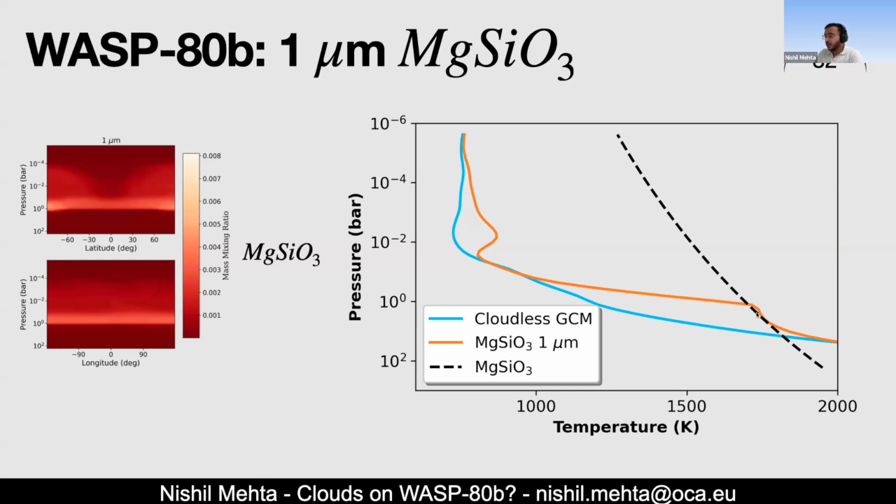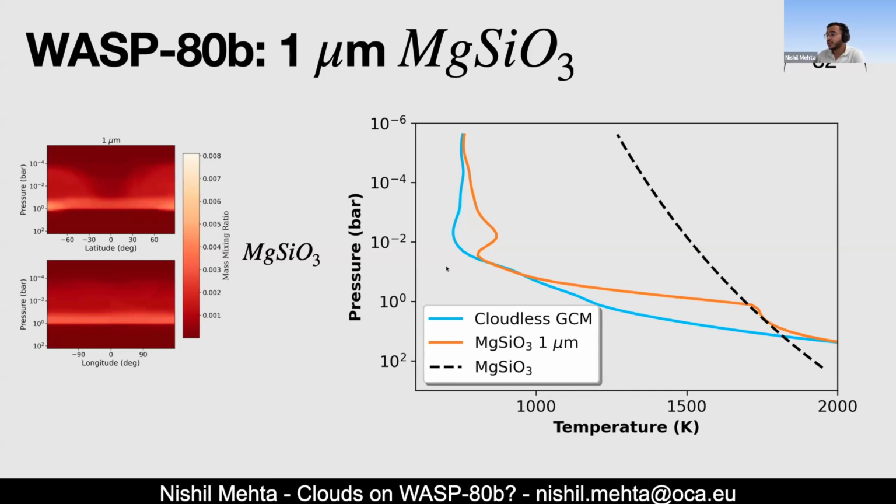If clouds are formed, then the temperature would increase, and then we would cross the condensation curve, and the clouds would evaporate. So there is a continuous cycle of formation and evaporation of clouds, making this case numerically unstable for GCMs.